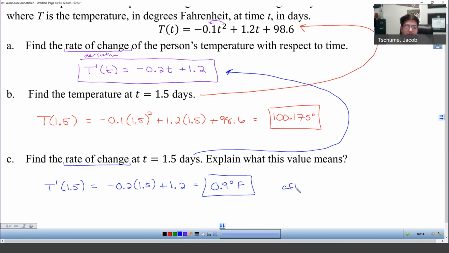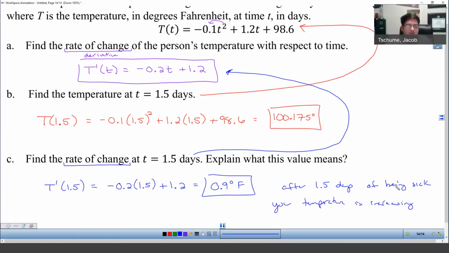So what this says is that after 1.5 days of being sick, your temperature is increasing. And the reason I say increasing is because it's a positive number. If it was negative, you'd be decreasing.